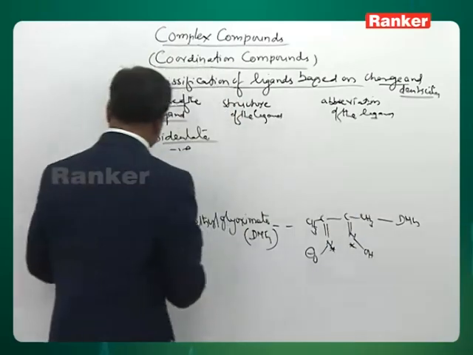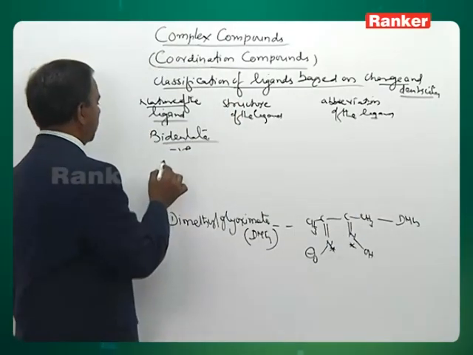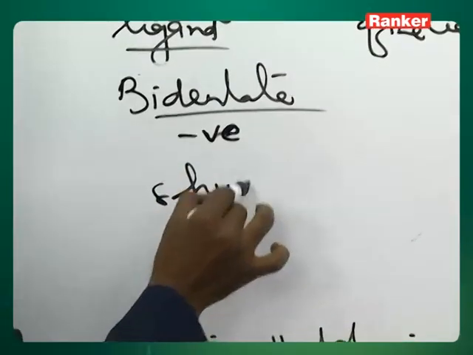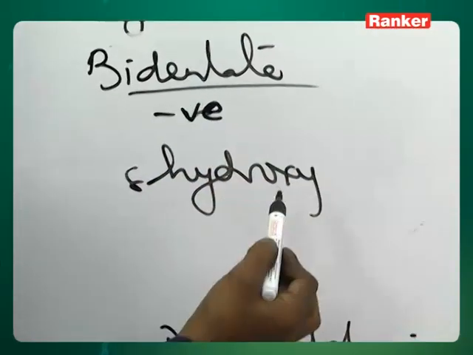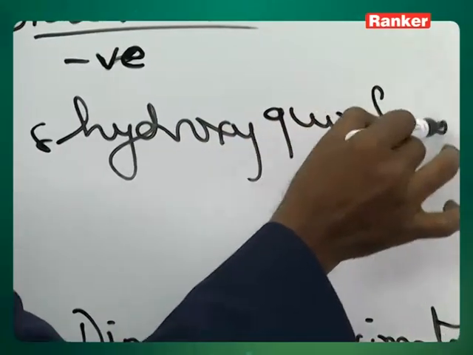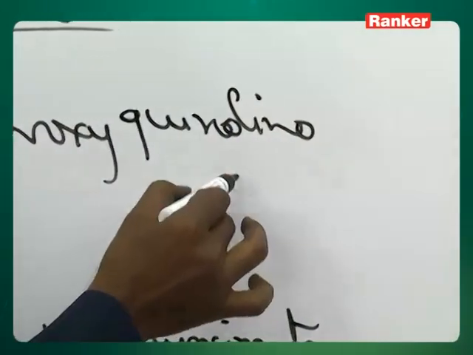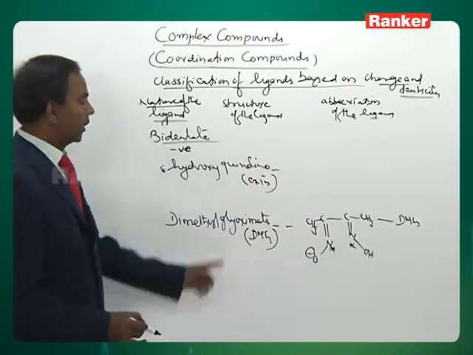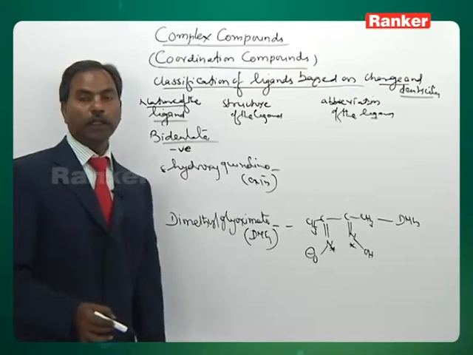8-hydroxyquinolinol. This is commonly represented as oxygen, single minus. The charge of each ligand is important.